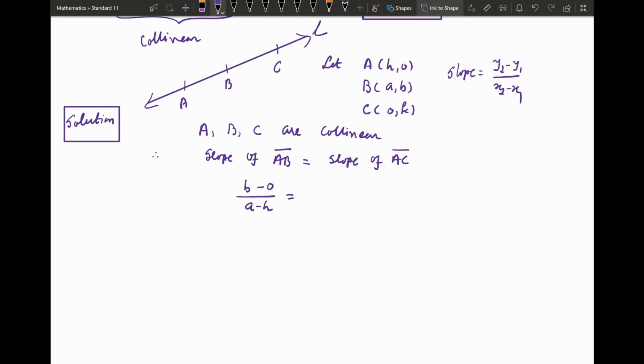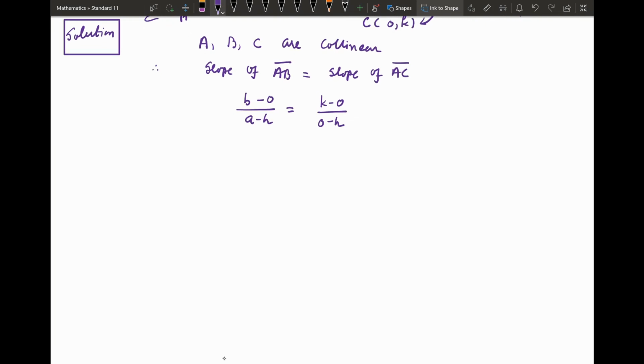Now the slope of AC. Consider coordinates of C as x2, y2. So (k minus 0) upon (0 minus h). Now we simplify. First we take cross multiplication. Therefore b upon (a minus h) equals k upon minus h.